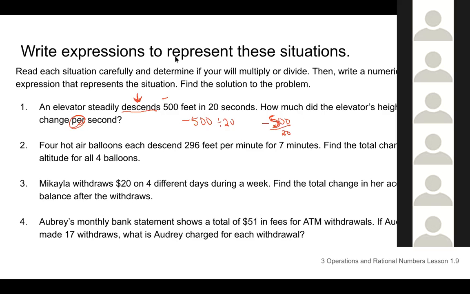What looks like a matching zero here, these zeros match, so I can just get rid of them. So what I really have is negative 50 divided by 2, and that makes it easier for me to see that my answer is just going to be half of 50. What's half of 50?